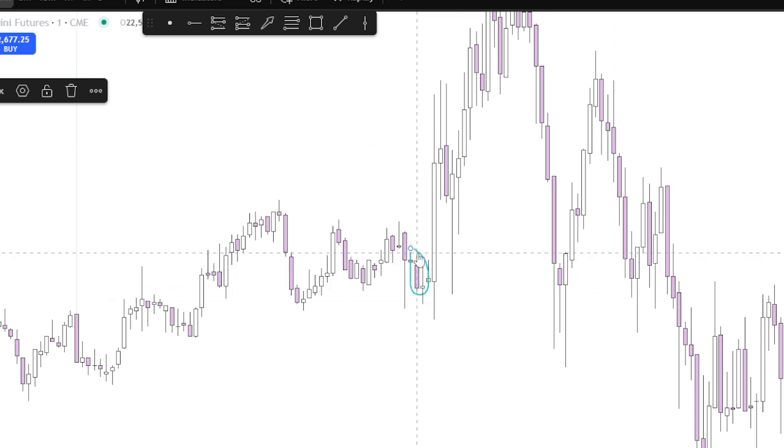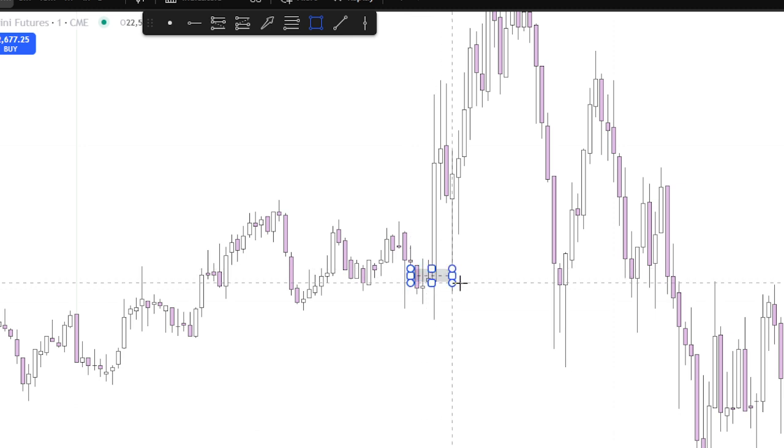Why wouldn't this be a fair value gap? Because there is no gap in the middle right here. Price just pushes higher, because there's nothing to push lower from. You see that this wick is actually overlapping with this one, so that would not be a fair value gap.